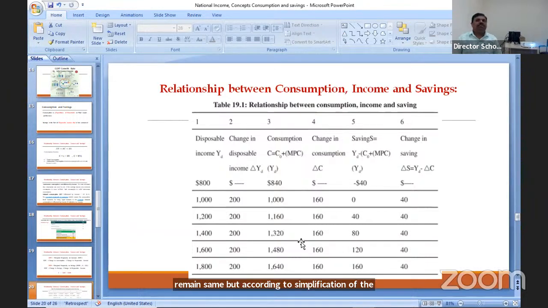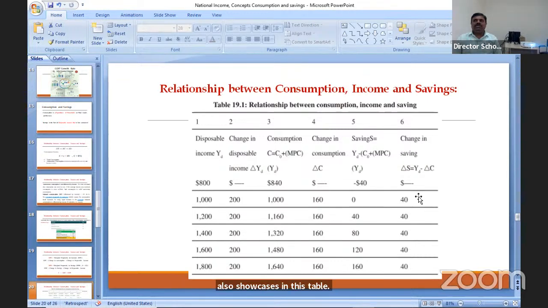value. Okay. So then onwards, the savings. How did they calculate the savings? If the change in consumption is 160 and the change in income is 200, if we subtract the consumption from total income, then we get the savings. Is this? Then 200 minus 160 becomes the savings. So in this way, the savings values are also showcased in this table.